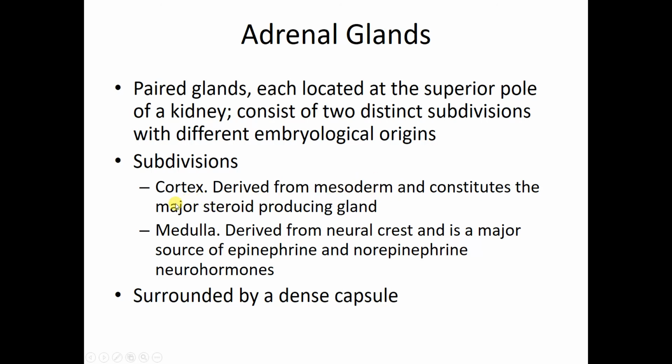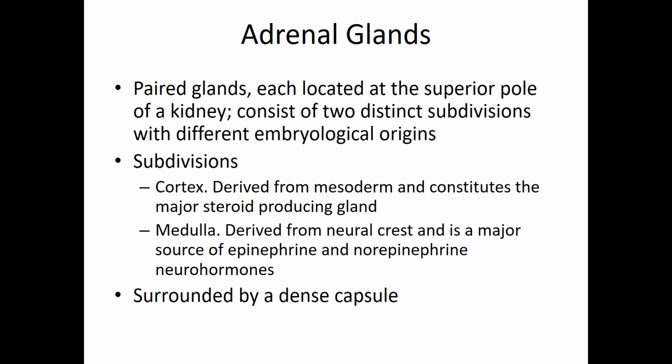It's a major steroid producing gland. You see, it is the same mesoderm from which the male and female gonads, like ovaries and testes, will be formed. And that's why cells present in the cortex of adrenal glands are very similar, very close to cells found in testes and ovaries.